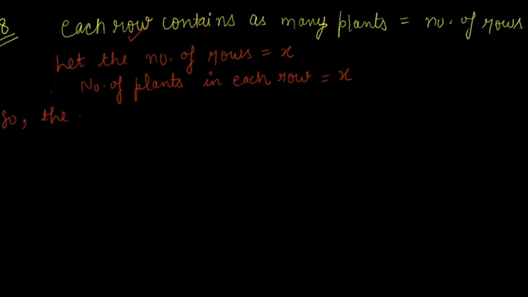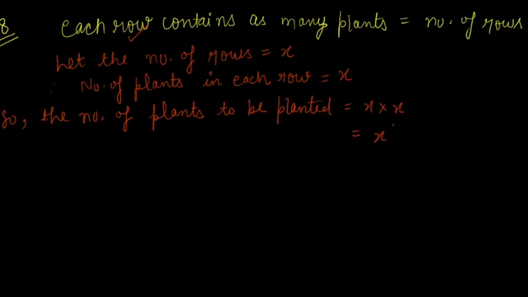The number of plants to be planted, total plants, will be x into x, which gives you x square, right?